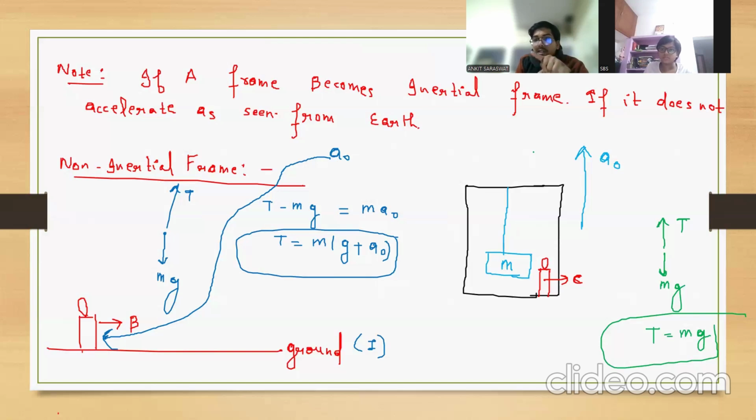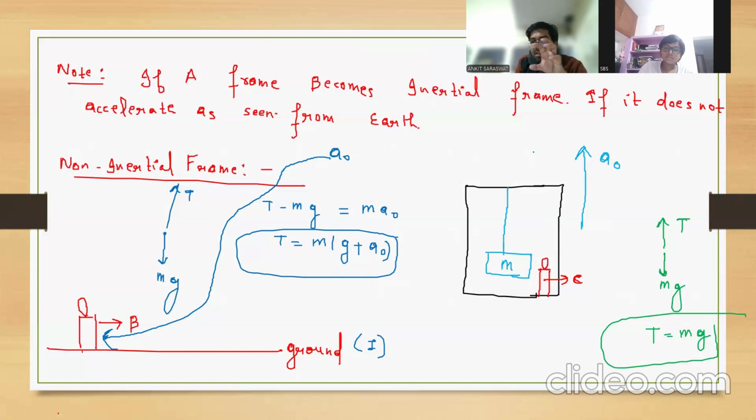And lift is not an inertial frame. Why? How do you decide this lift is inertial or non-inertial? Note I have written. It is accelerated, if you are looking from the ground. Frame means it is a location where the observer is present. Now C is present where?